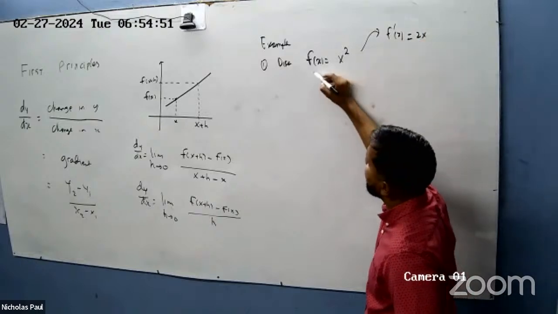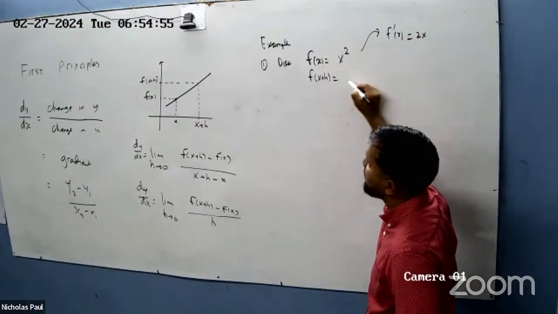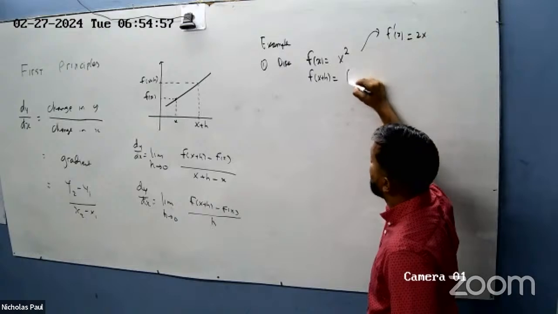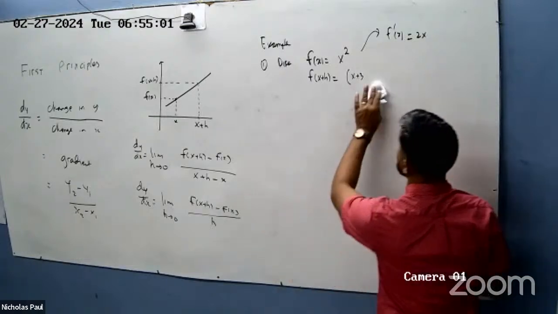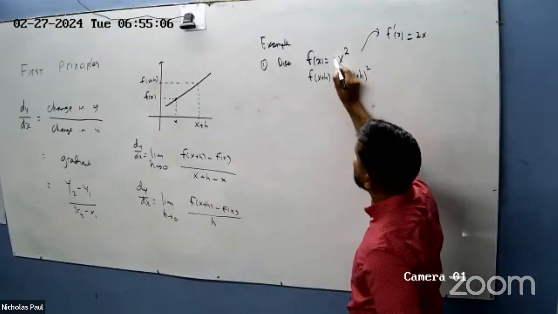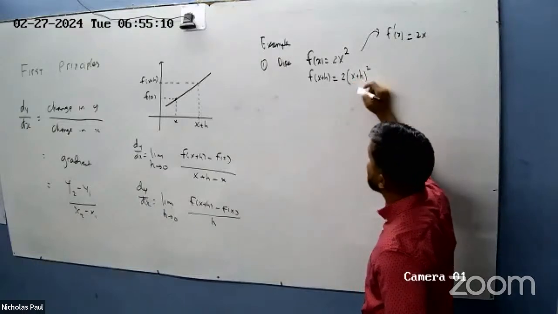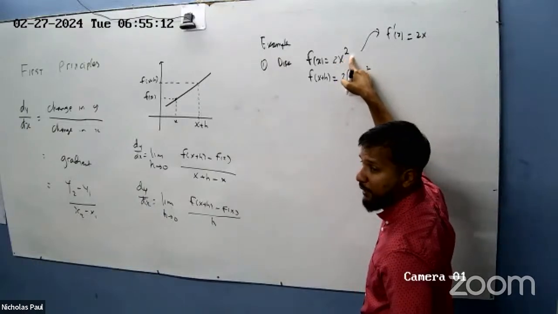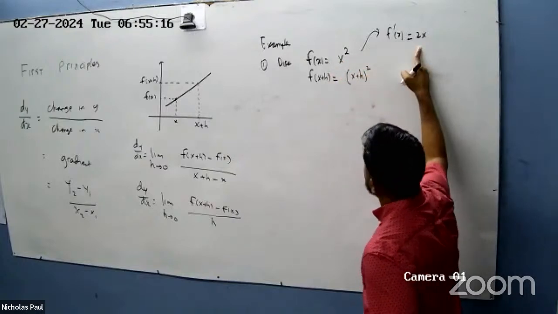So we're supposed to get 2x, right? Before I do anything, what is f of x plus h? Right, x plus h all squared. Suppose I had a 2 here, it would have been 2 by only the x being squared. So we're trying to get this answer here.